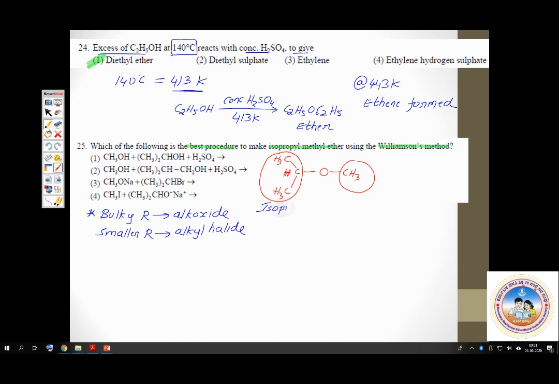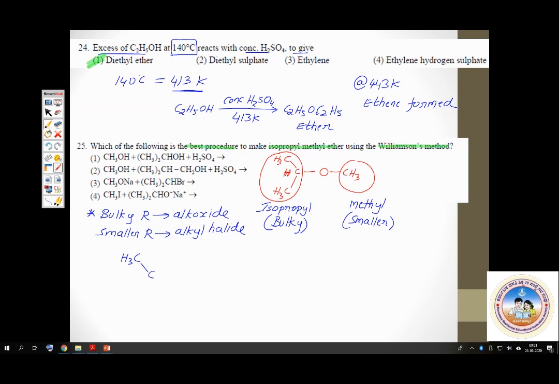So you should take isopropoxide, CH3CHO minus Na plus, made to react with the small group, methyl bromide or chloride, whatever is given. So this must be the correct combination, isopropoxide and methyl bromide.